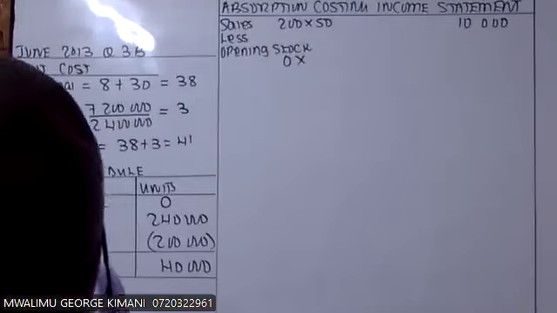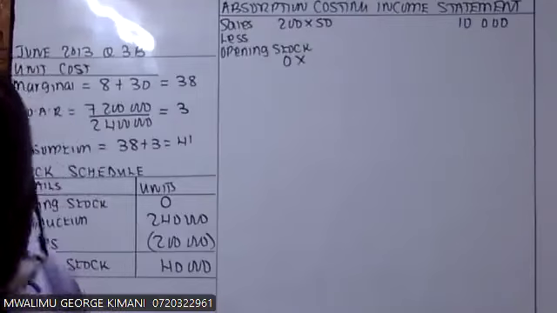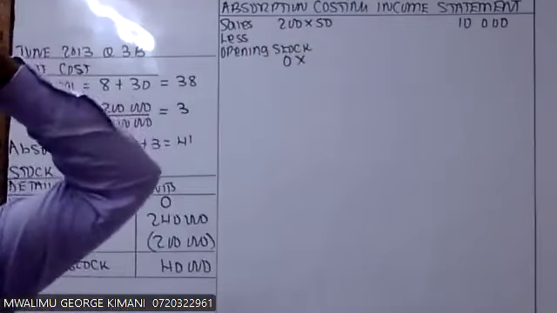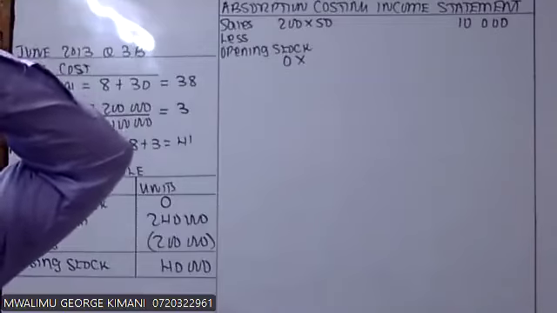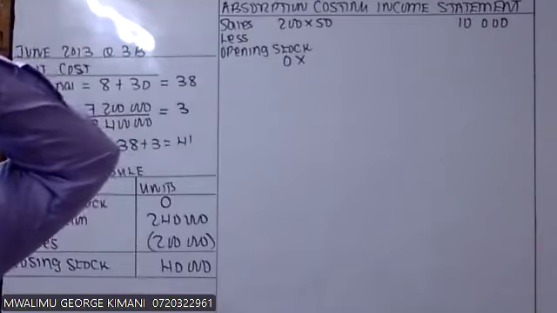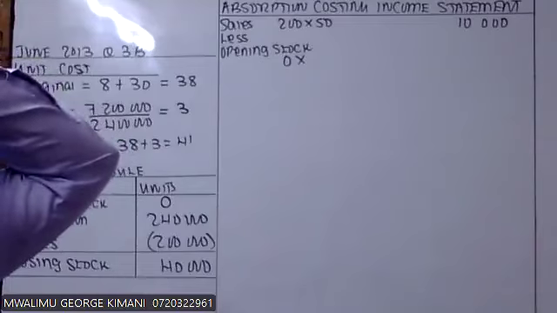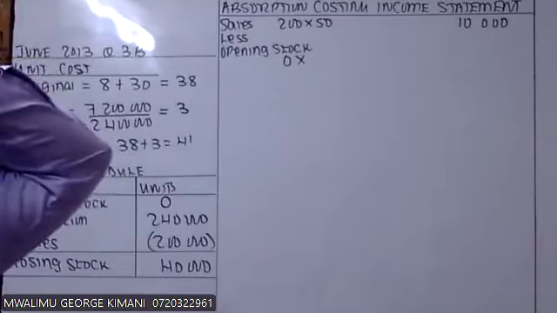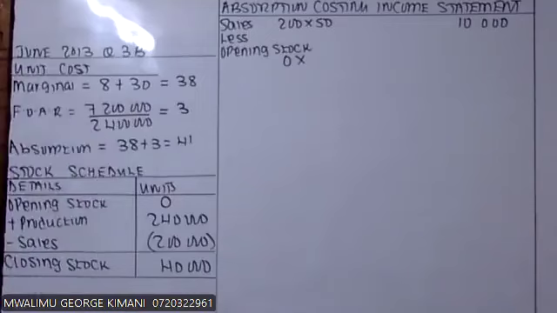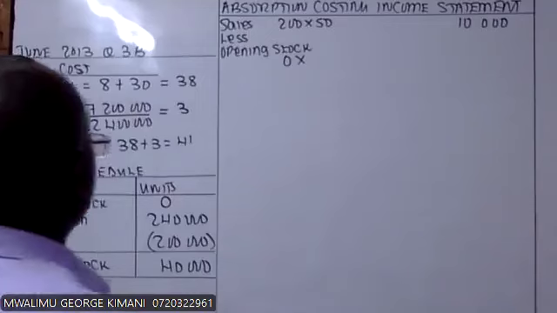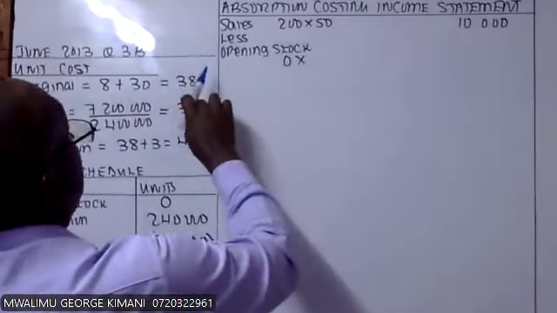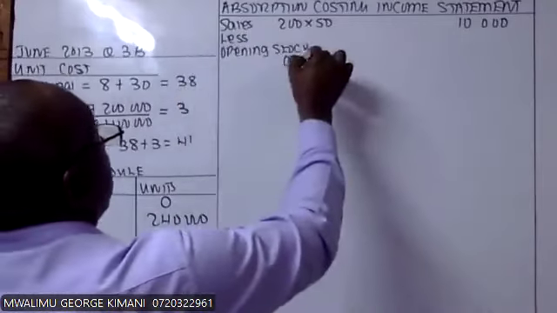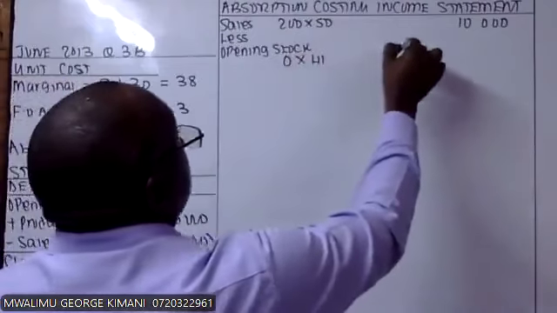It came from information 5. Check what information 5 says. Good. So here it is 0 times 41, so that is 0.